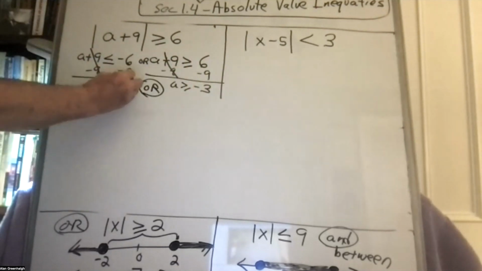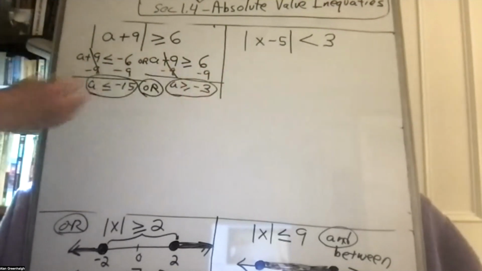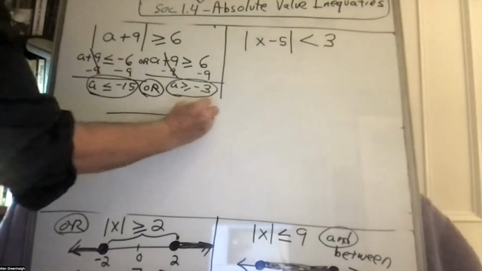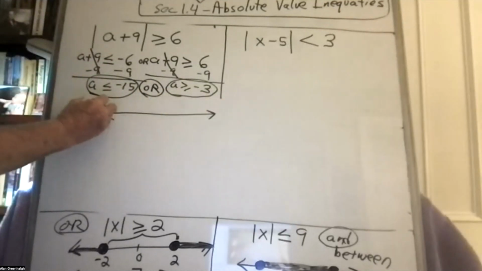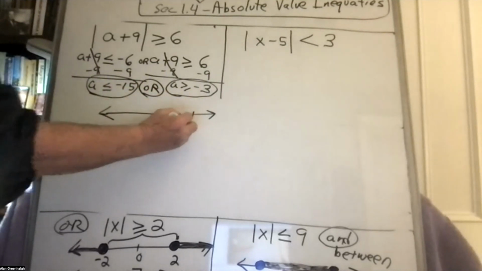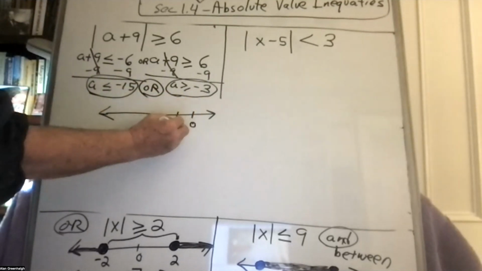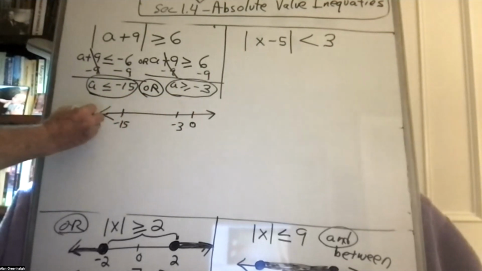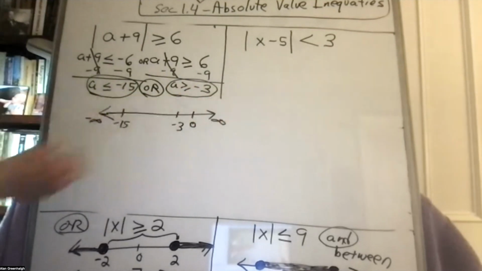So here are the two points. Either this will occur or this will occur. But if you're having trouble visualizing it, then take a number line. Now, we're not going to need positive numbers, so we could put the 0 there, the -3 there, the -15 there, negative infinity, and infinity.